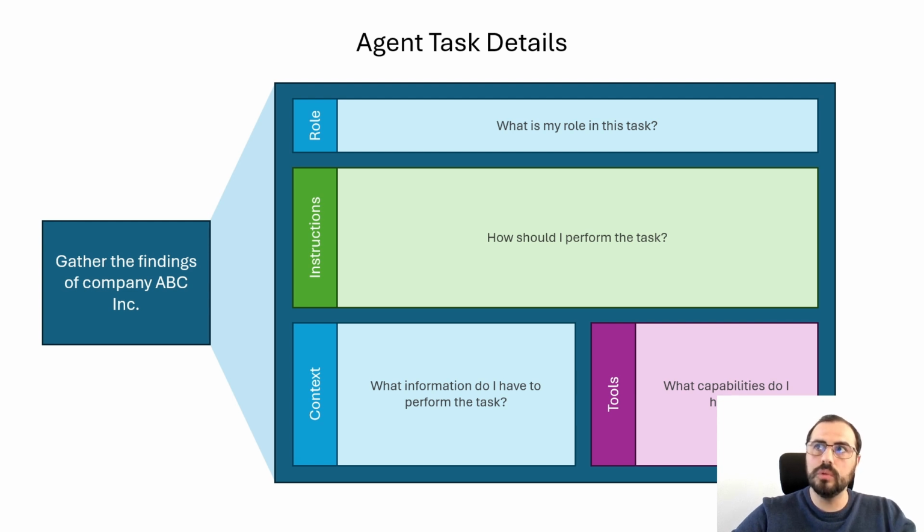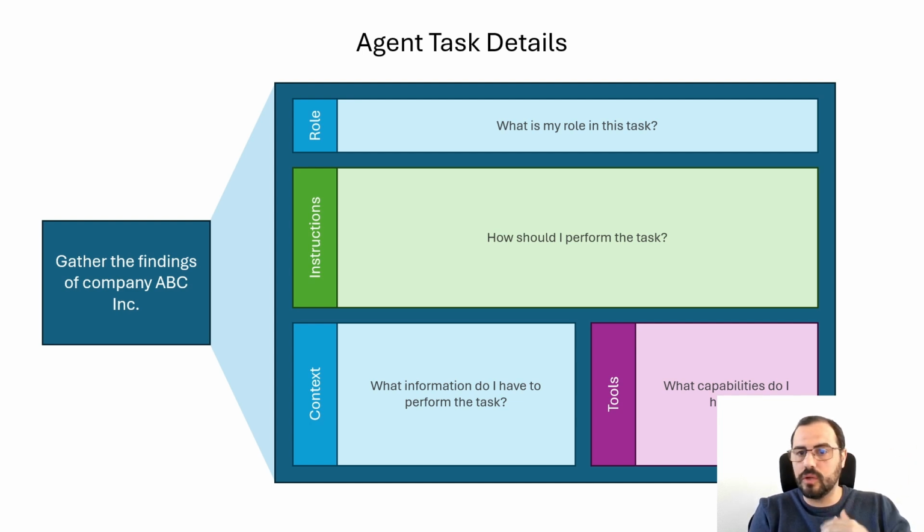So first, the role: what role do we want to give to Jimmy in this case? Instructions: how should I perform the task? This is where you define and detail the way you want the model to behave. Then the context: in this case the context is what we give to the agent to consider as an input to then generate a response.